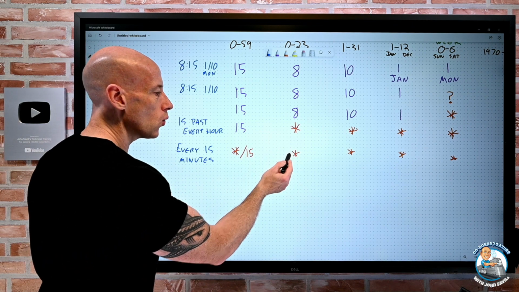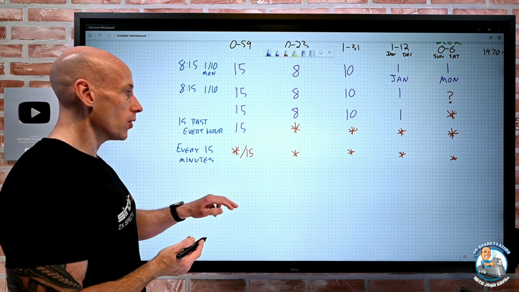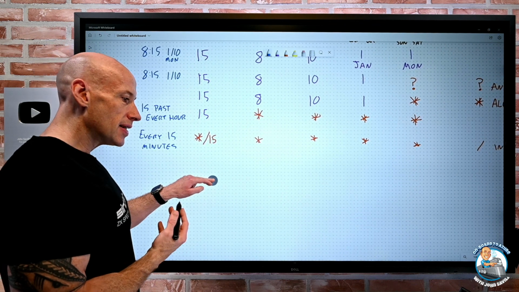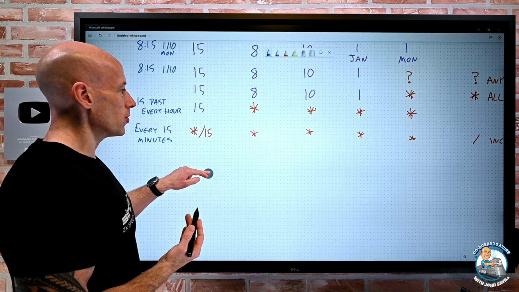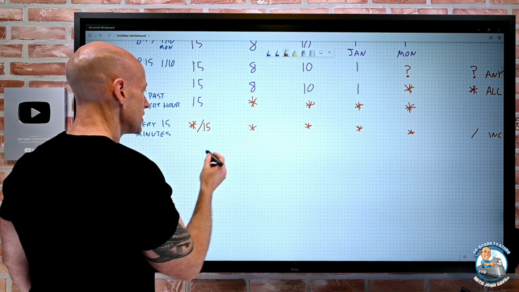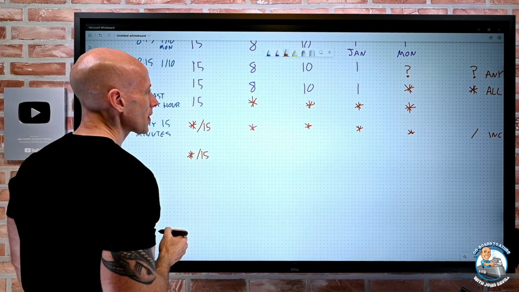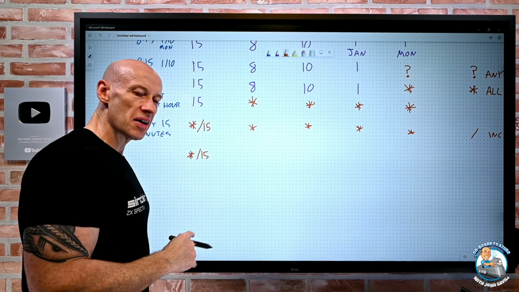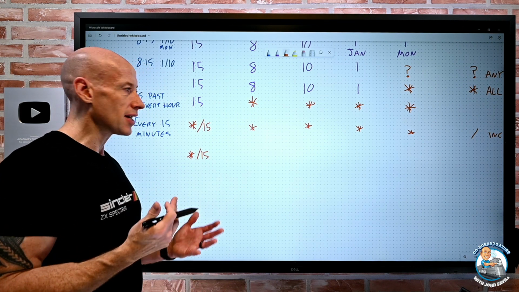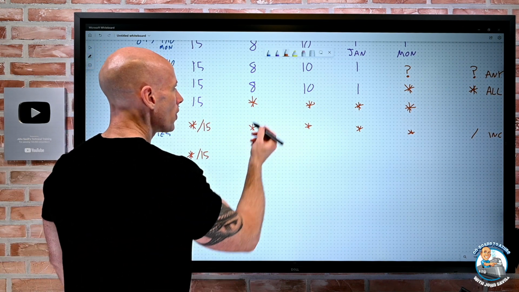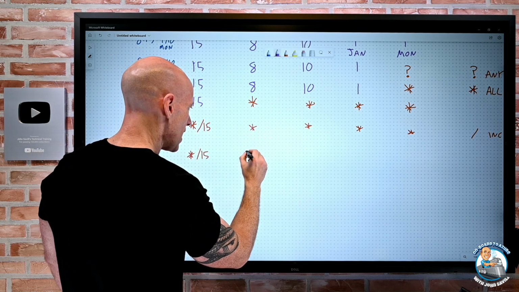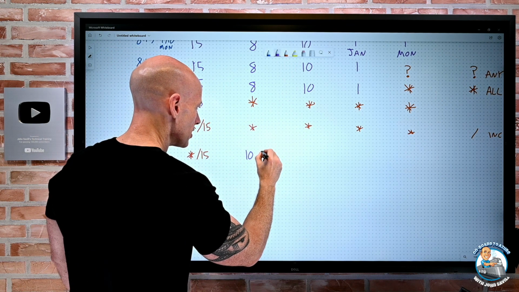Maybe I want it only at certain hours. So then we get the idea, well, I want a list of values. So I could stay on this same, hey, every 15 minutes. But now I only want it to happen at 10 a.m. and lunchtime. So now what I can say is, hey, 10 and 12.